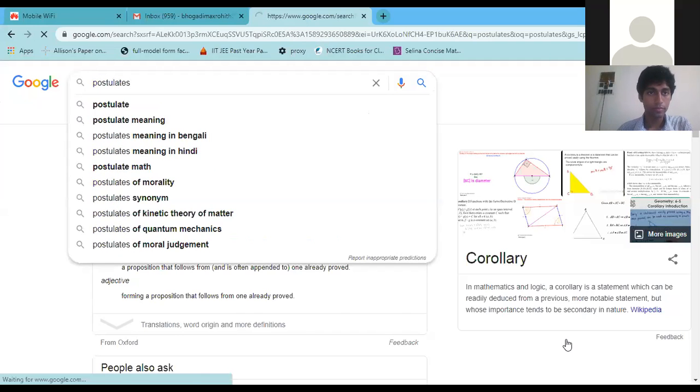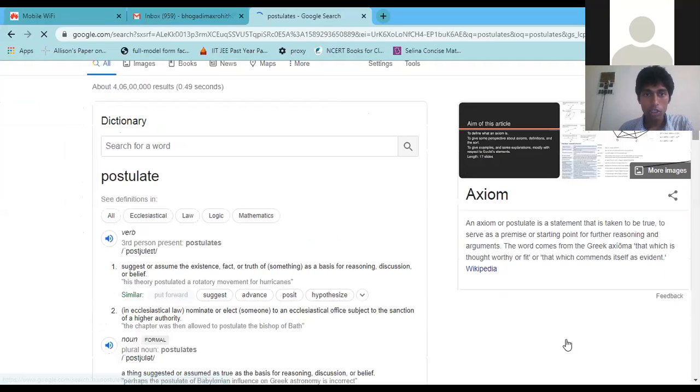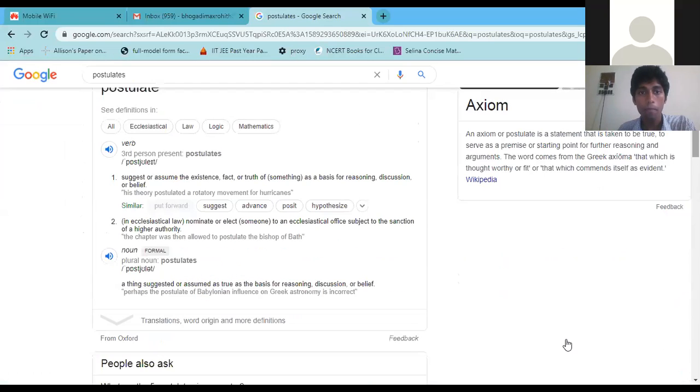See, postulate, first definition: suggest or assume the existence. Postulate means you're assuming something is true based on some sort of belief, discussion, or reasoning. You understand it? But a corollary is proved, that it is the fact.